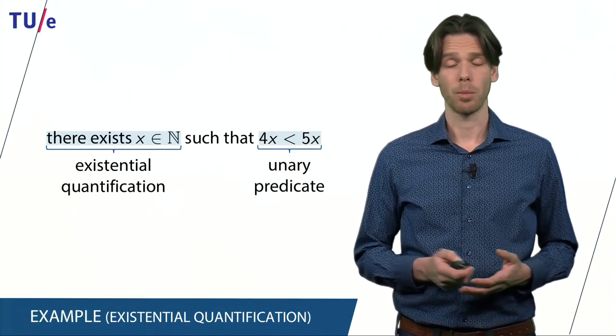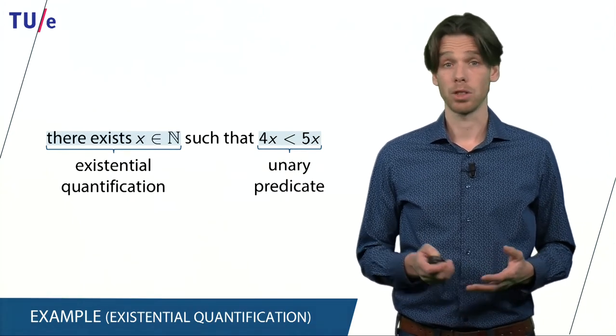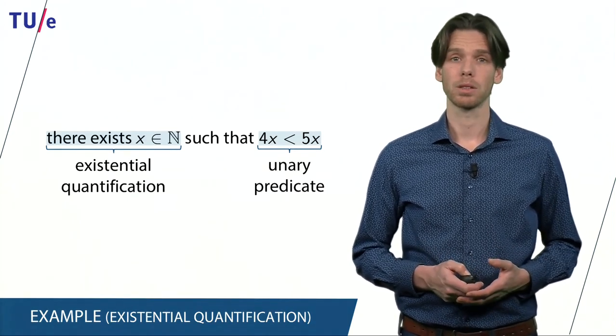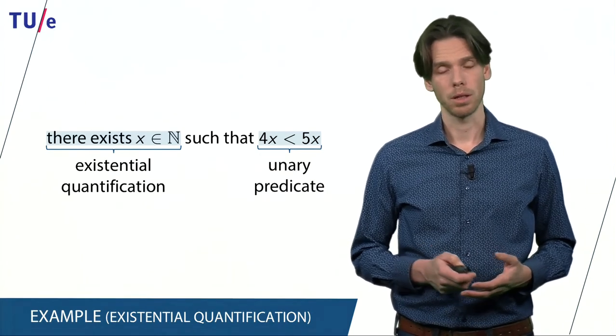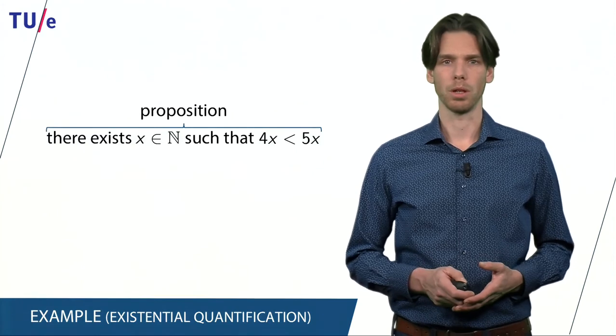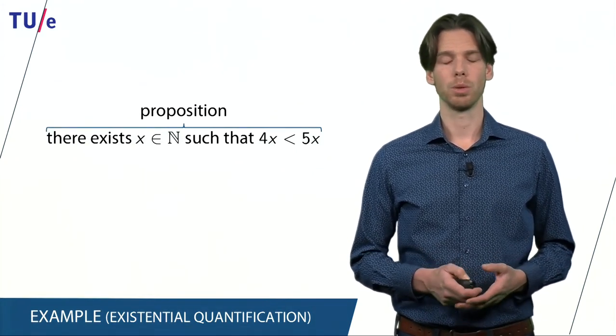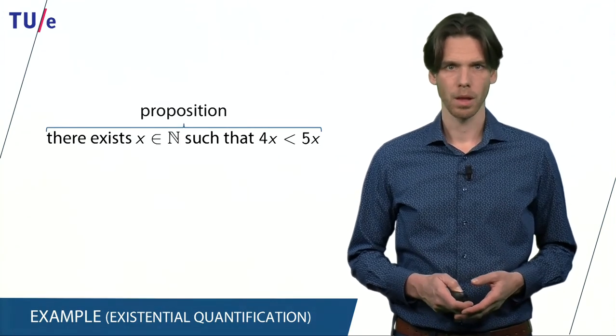If such a natural number x exists, then we assign the truth value true to this statement. If there does not exist such a natural number x, then we assign the truth value false to this statement. And thereby, the statement is a proposition. We can assign a truth value to this statement without committing to a particular value for x.